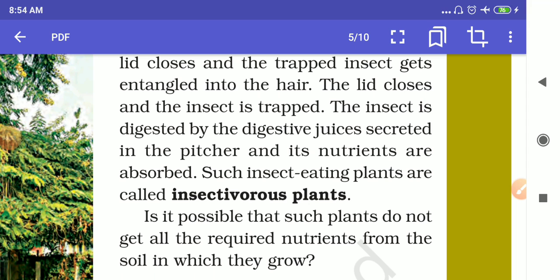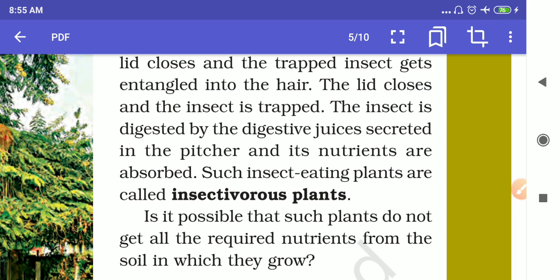The next mode of nutrition that comes under heterotrophic nutrition is insectivorous plants. Until now, you have heard that animals eat plants for their food. But in the insectivorous type of nutrition, plants eat small insects.